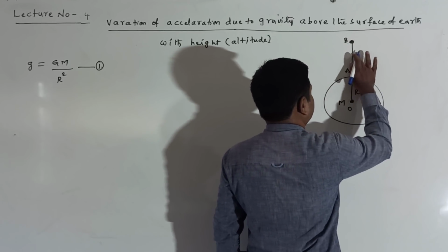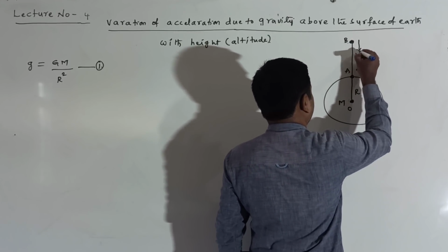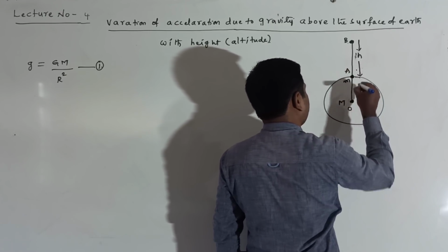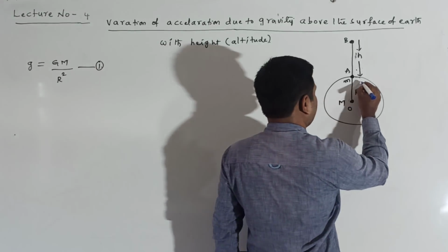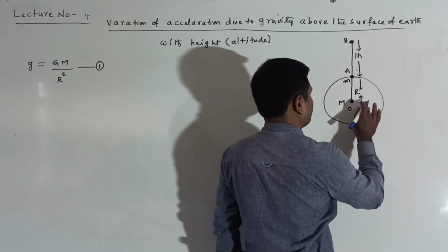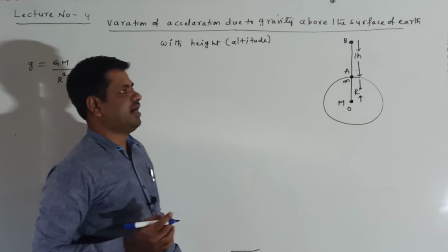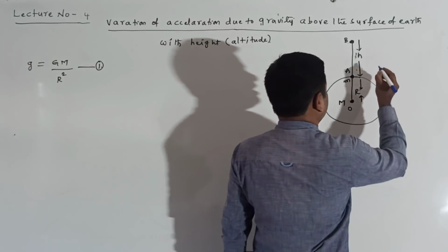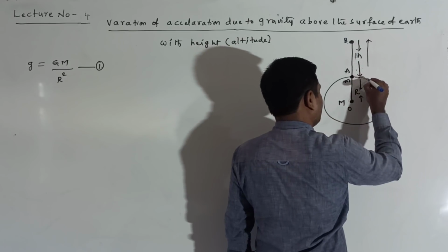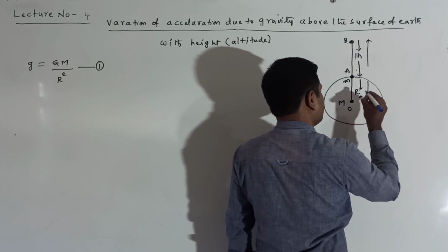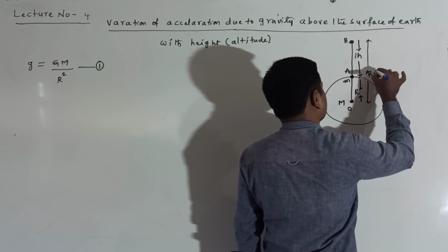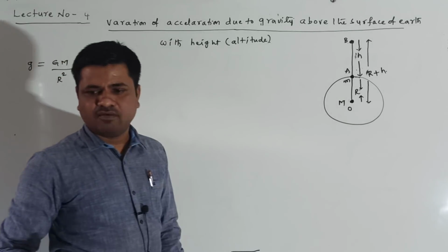Now we already know this is the radius capital R. Now the total distance from this point to this point, what is the total height? We are getting R plus h.